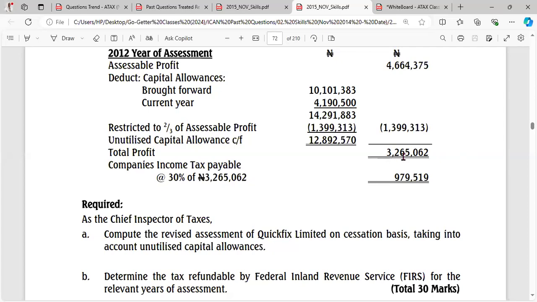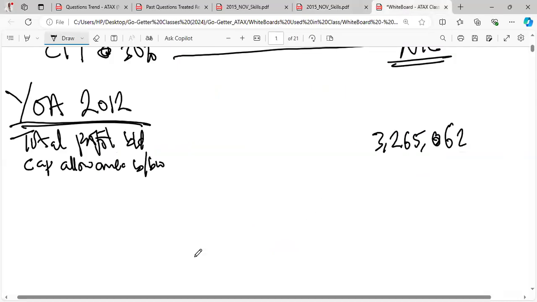That's what gave us this total profit. So you don't come and join the one you are carrying backward with the one you have done before. That one gave you a total profit which you are working with now. That one has been done and cleared. And it is this unutilized that leads to the one that we are carrying backward. So we don't talk about capital allowances. What we start from is total profits just before the tax.